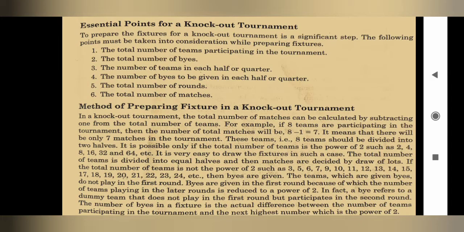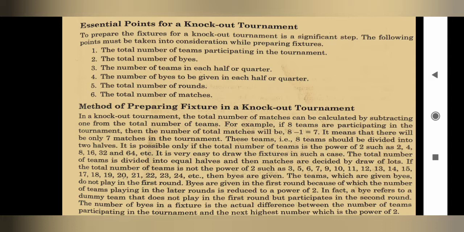Okay, so there are some essential points of our knockout tournaments. The first is the total number of teams participating in the tournament, and the second is the total number of byes. Third is the total number of teams in each half or quarter. The fourth point is the number of byes to be given in each half or quarter.